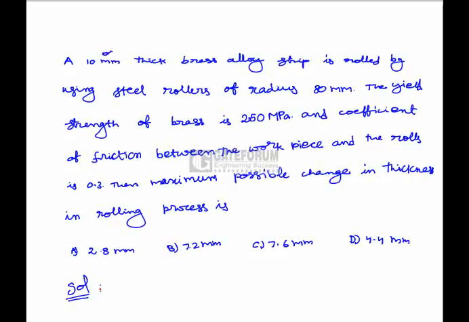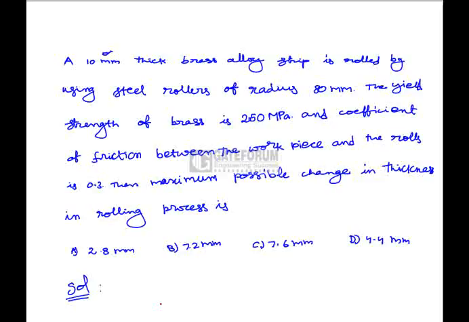A 10 mm thick brass alloy strip is rolled using steel rollers of radius 80 mm. The yield strength of the brass is 250 MPa and the coefficient of friction between the workpiece and the rolls is 0.3. The maximum possible change in thickness in the rolling process is, with options 2.8 mm, 7.2 mm, 7.6 mm and 4.4 mm.